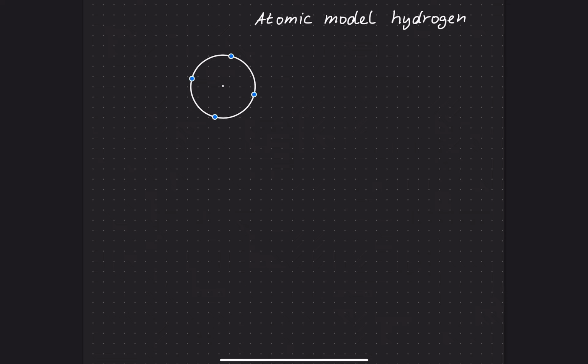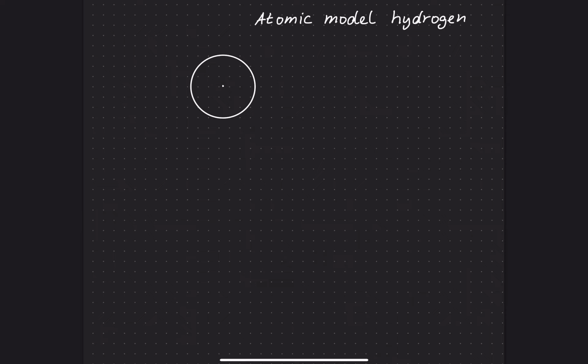The nucleus is the charge-dense region located in the center. And the electron shells, which we can symbolize with a larger circle around the nucleus, are always there. However, they may not all be filled with electrons.